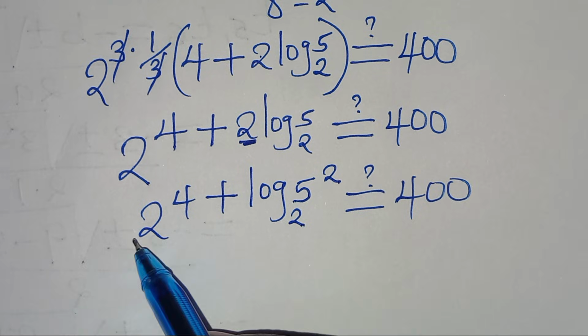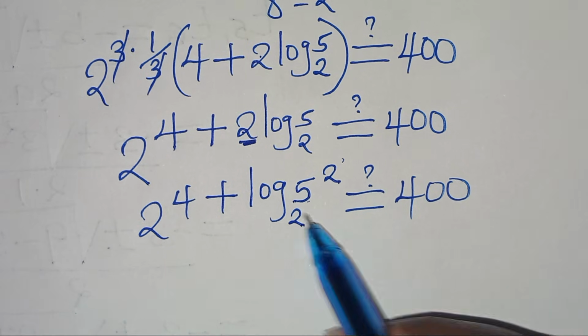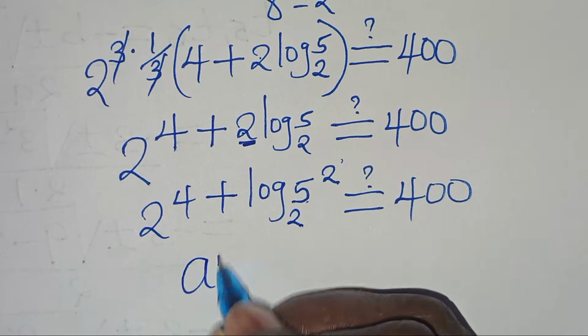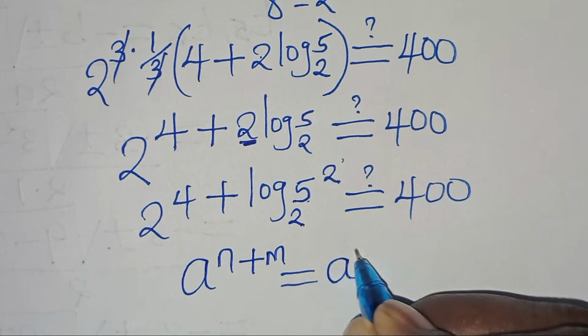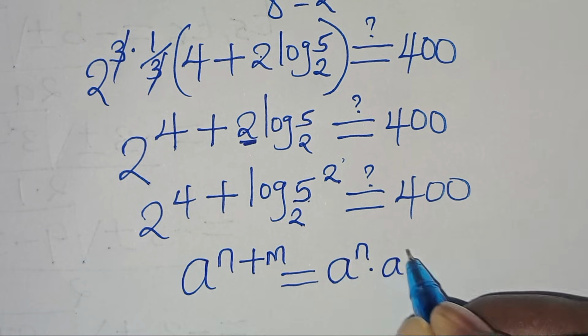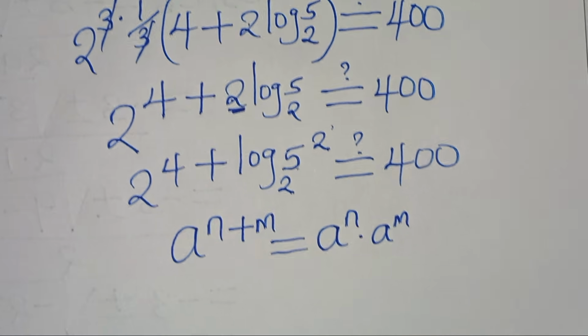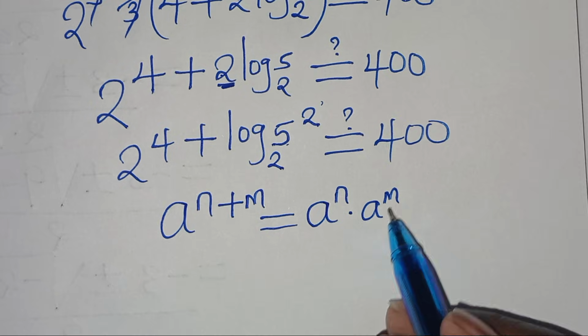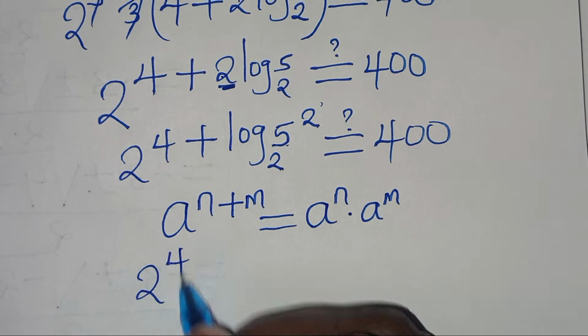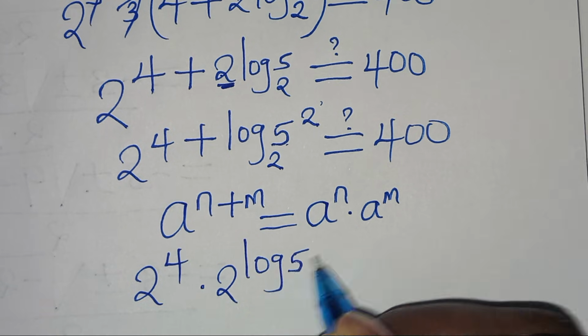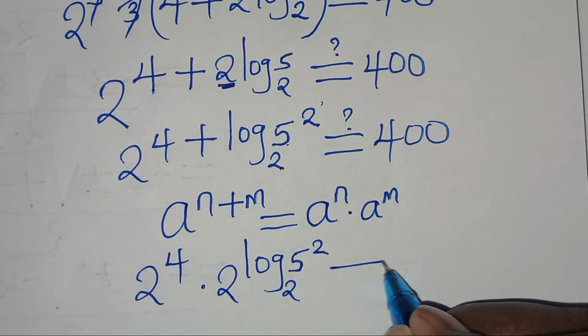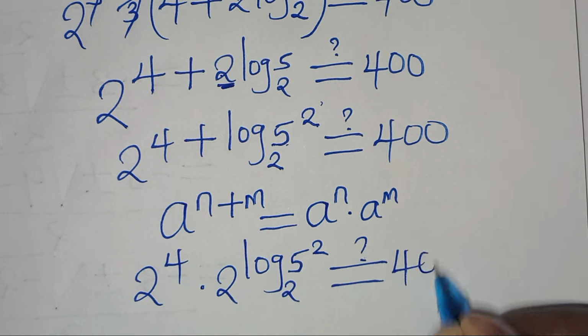Now, 2 to the power of 4 plus log 5 squared to base 2 is in the form of a to the power of n plus m, which can be expressed as a to the power of n times a to the power of m. Applying this exponent property, we have 2 to the power of 4 times 2 to the power of log 5 squared to base 2. This should give us a value of 400.